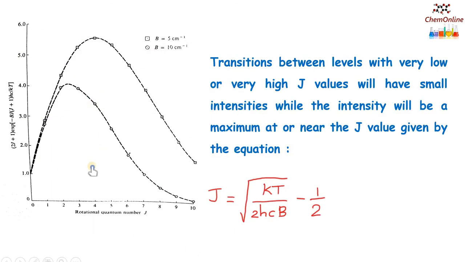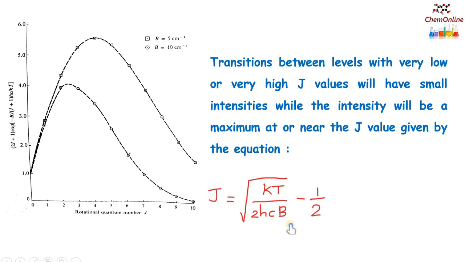In this graph, when 2j plus 1 into exponential minus Ej by kT is plotted against the rotational quantum number j, we can see that the population rises to a maximum and then diminishes. And this maximum point is given by the j value, j equals root of kT by 2hcB minus 1 by 2.